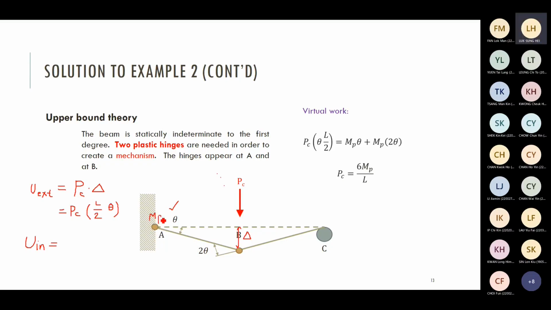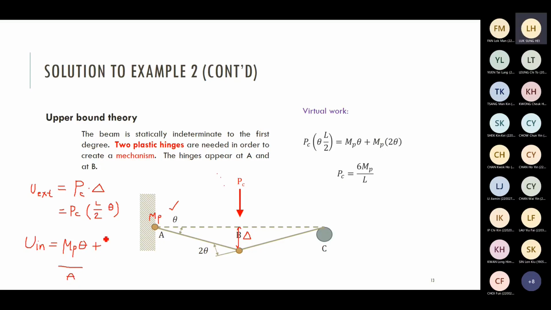My plastic moment is always the same, suppose the beam is homogeneous along the whole section. The rotation, you can see clearly, is equal to theta. So MP theta is the first plastic work at point A.